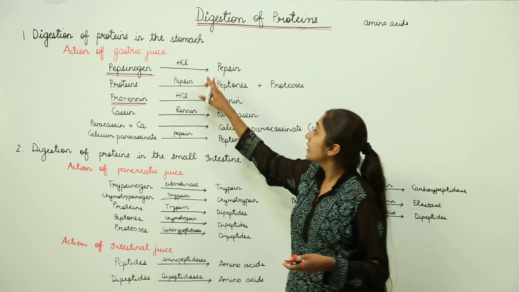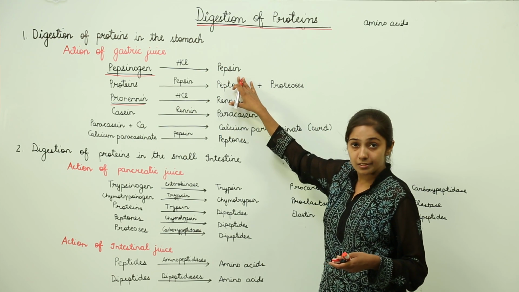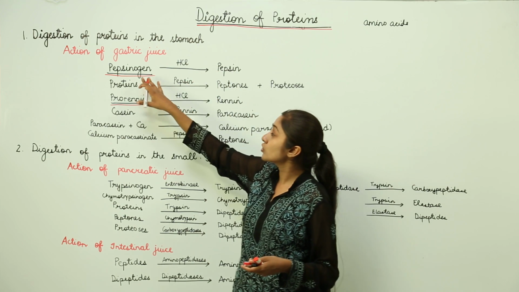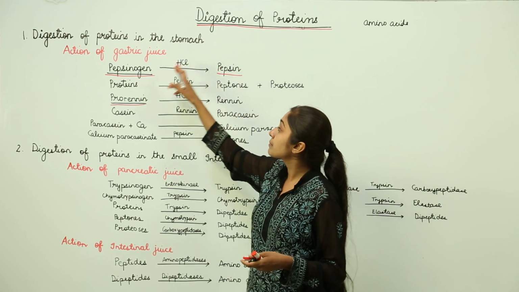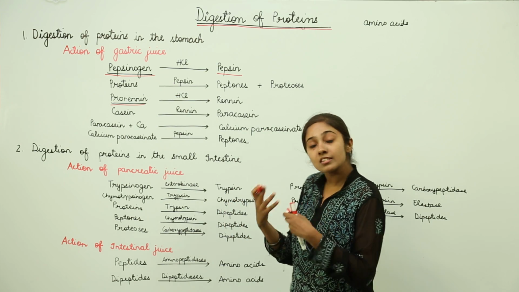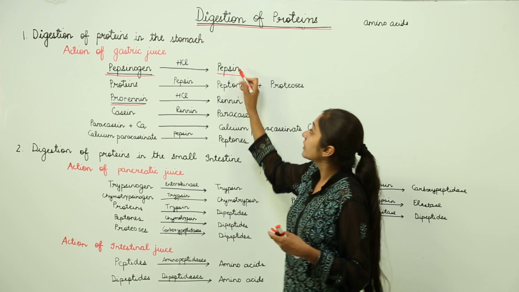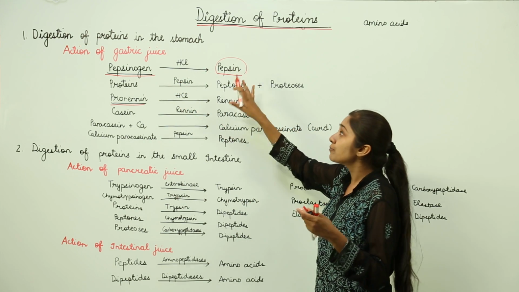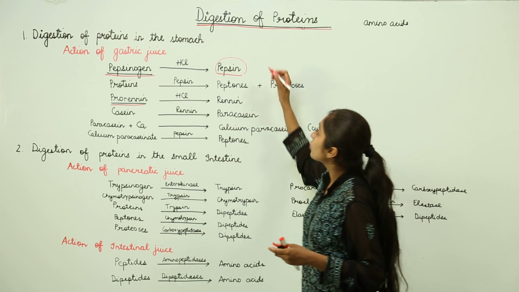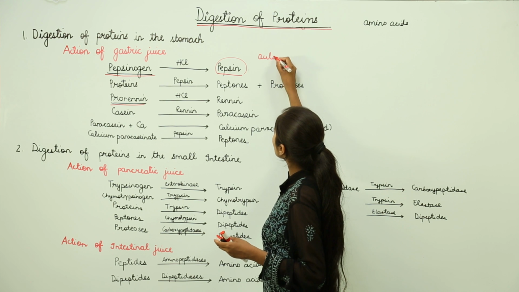When this pepsinogen is converted into pepsin, now this pepsin can convert the remaining pepsinogen into pepsin. This type of conversion is known as an autocatalytic reaction.